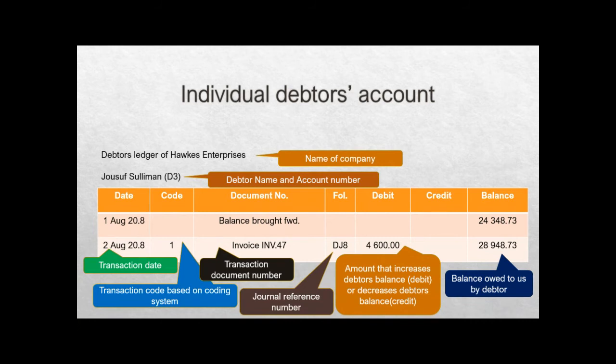Then the folio is: what journal did we take this information from? If they give you the journals, it is the number at the top of the journal. If they do not give you the journal, so they give you a written sentence, then we are testing to see if you understand whether it's a cash journal or a credit journal that is applicable here, or the general journal. In the exam, if they want you to use number 8, they will tell you that that month is the 8th month.